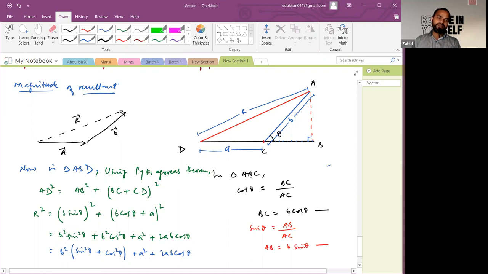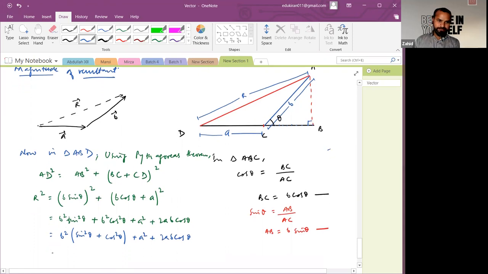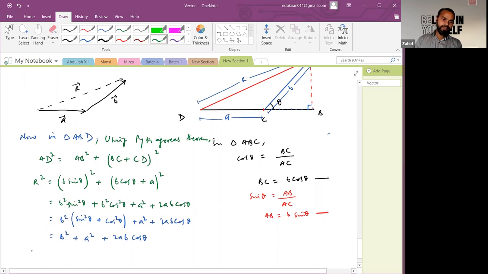Now sin square theta plus cos square theta is nothing but 1. So you will say it will be B squared plus A squared plus 2AB cos theta is equals to R squared. And last, if you want to calculate just R, move square to the other side, you will get R is equals to root under A squared plus B squared plus 2AB cos theta as your final resultant.